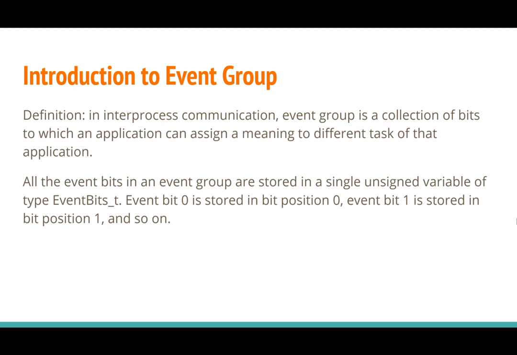So one may think of event group as a bit field where every bit is a flag that corresponds to a certain event, and the event bit can be set or cleared according to the behavior or status of different tasks within the application. And the state of the bits is altered to signal the status of a process to other functions.